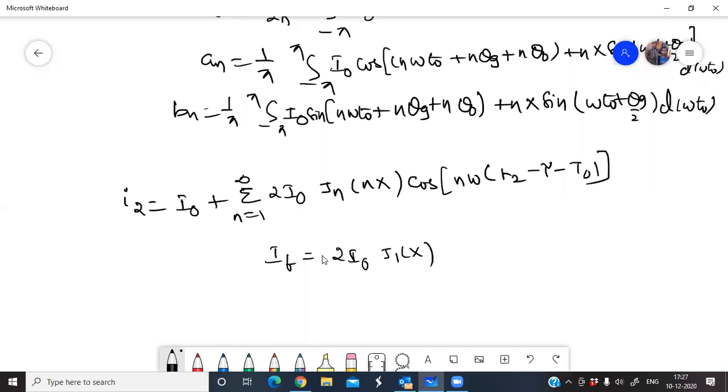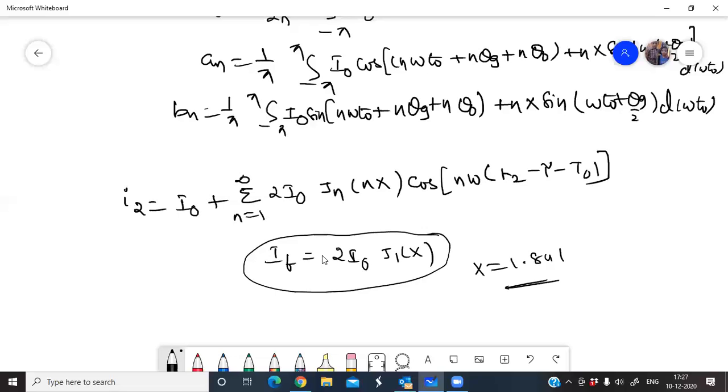So IF equal to 2 I naught J1 of x. Here I want to take only the magnitude. This has the highest amplitude whenever x is equal to 1.841.